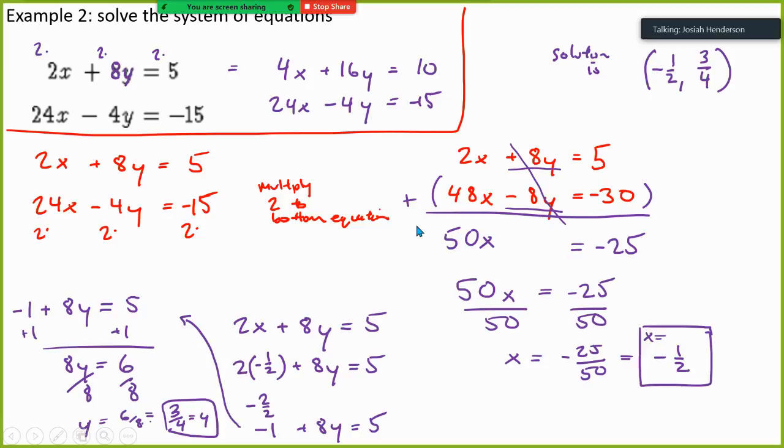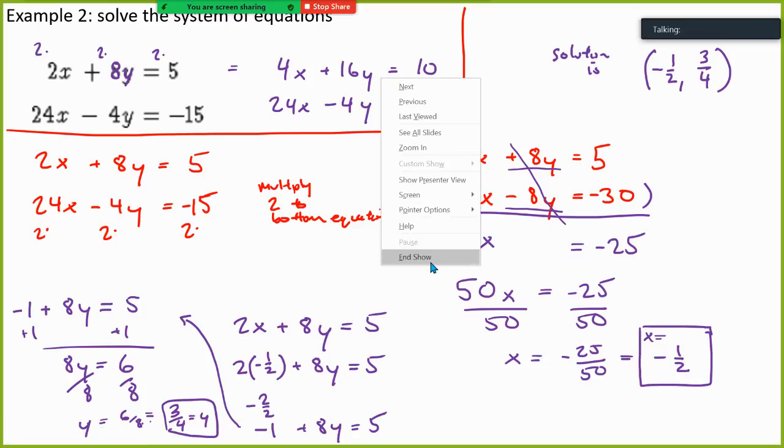I want to take our two equations. We're going to plug both those equations into Desmos and see if it looks like their crossing point is what we just found, negative a half up 3/4. So let's try that. It's 2x plus 8y equals 5, and 24x minus 4y equals negative 15. We'll come right back and do another example.